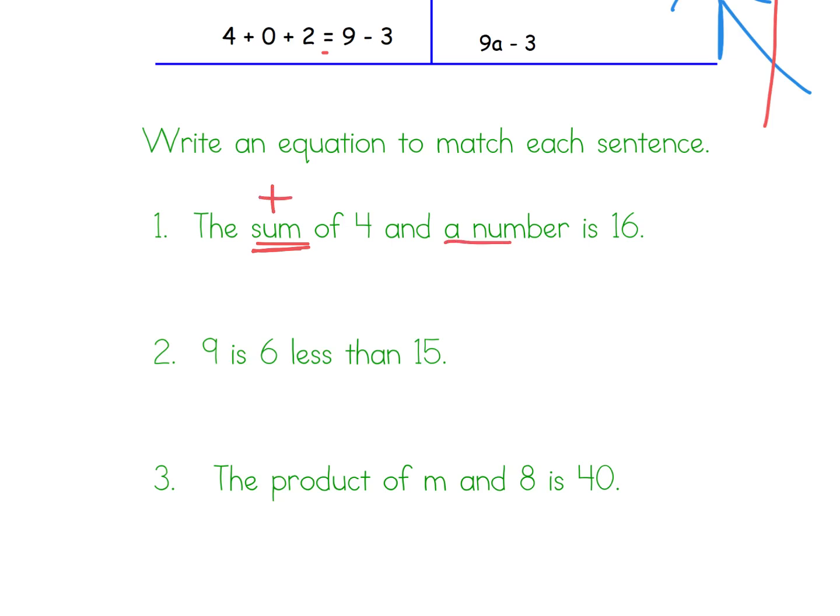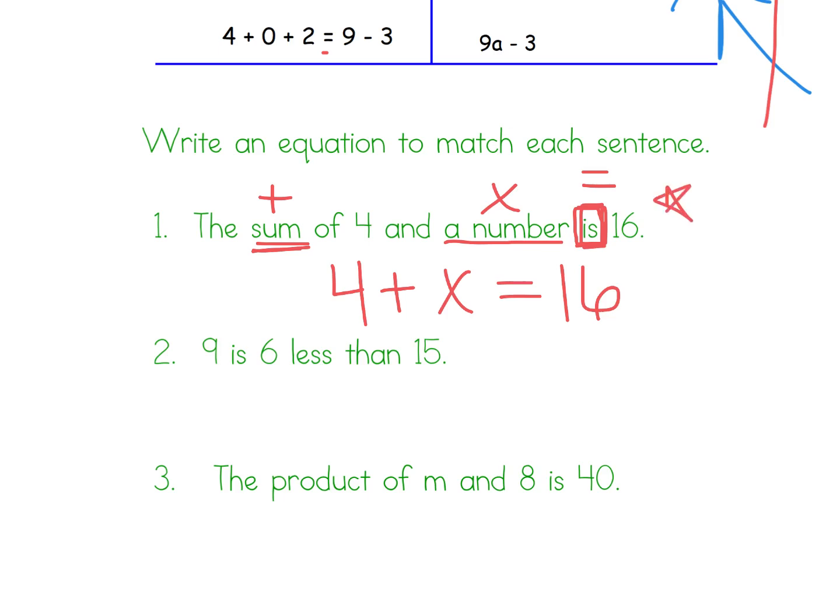It has a number, so that can be our variable, and "is" is that special word that, most of the time, tells us to use the equal sign. The sum of 4 and a number, so I'm going to show that by saying 4 plus x is 16. Going from a sentence to an equation.